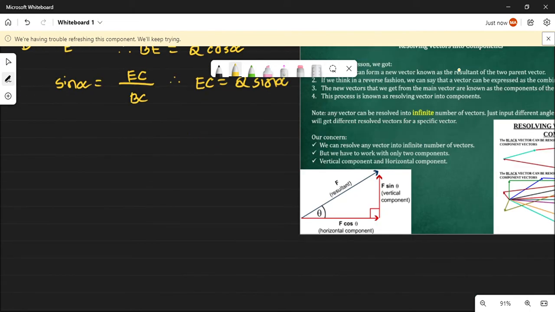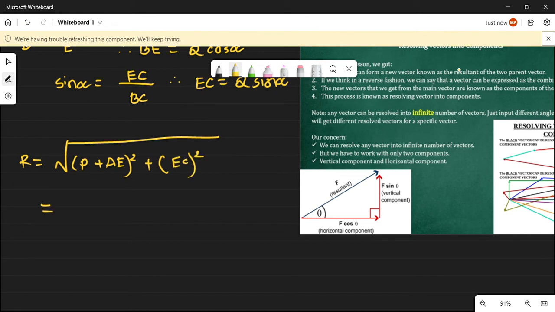So R can be written as R is equal to the square root of P plus AE whole square plus EC whole square.